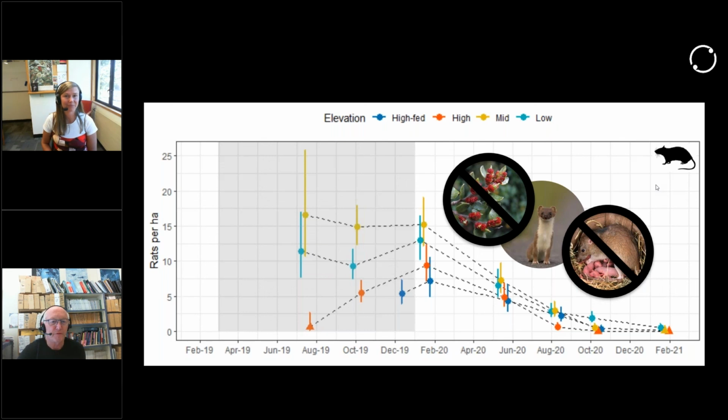And from Reese, what did mice do over the time, Joe? Not enough time for the slides, but what did mice do? Yeah, that's a great question, Reese. The mice just showed their usual typical inverse relationship with the rats. So we didn't really record many mice in our tracking tunnels at low and mid elevation. We recorded more at high elevation.